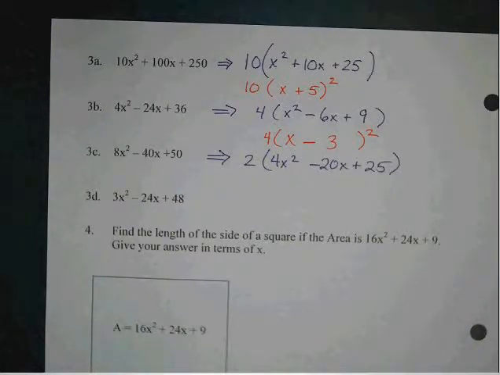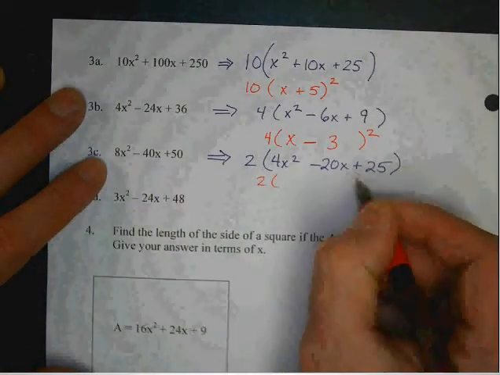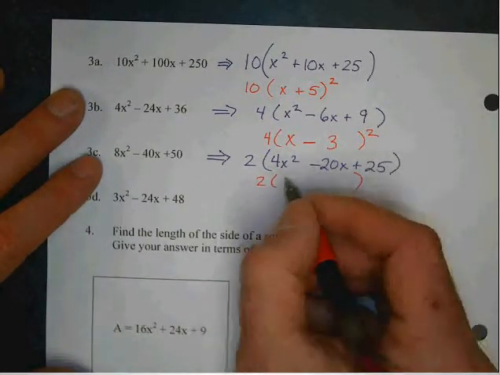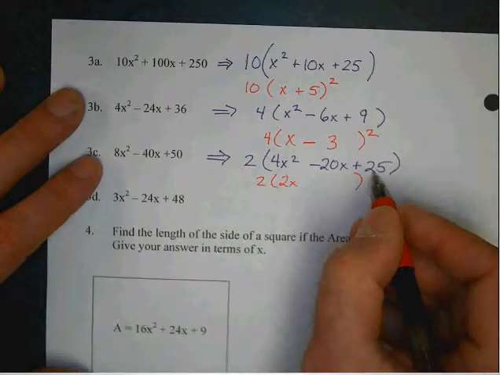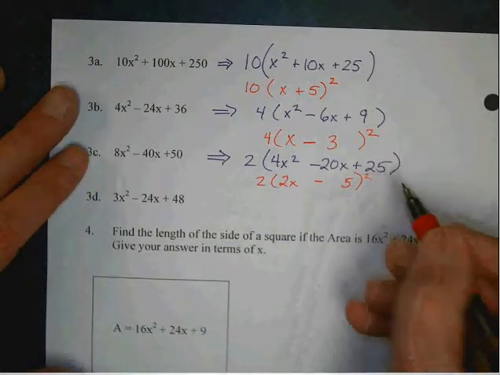Okay, what squared is 25? 5, that's 2 times 5. All right, so my answer, I bring down the 2. If you're not sure how to get this, think what's the square root of 4x squared? 2x. What's the square root of 25? 5. I put a minus in the middle because that's a minus, and I square it.